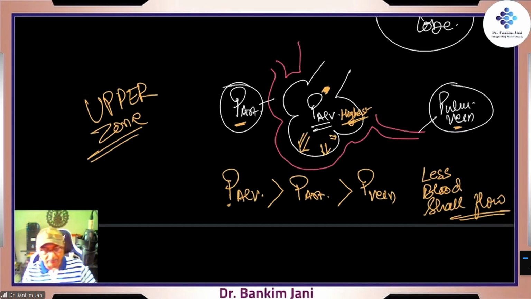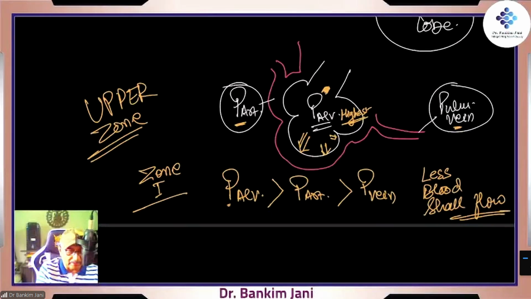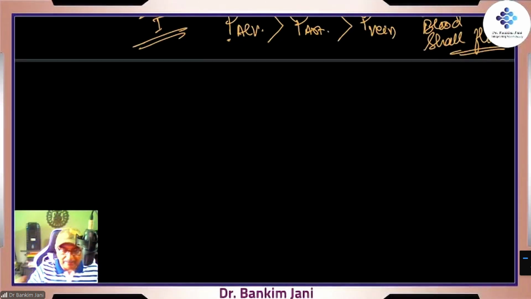With the less blood flow, we call it zone 1. As we said, zone 1, zone 2, zone 3 are the distribution of blood across the lungs. Right now we are talking about standing. With supine and prone, things will change, and we'll see that. So this is 1. What will happen in the middle lobe? Here comes the middle lobe.